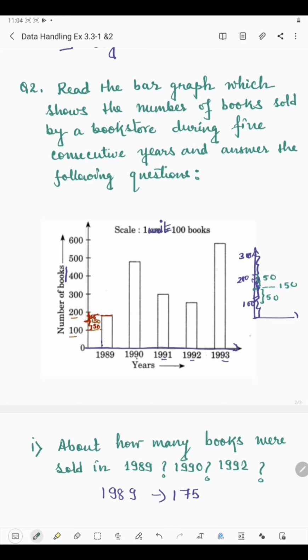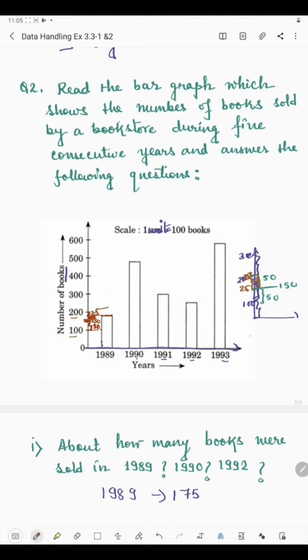But if I have to find the midpoint between 150 and 200, then what would it be? It would be between here. The total is 50 and half of 50 is 25. That means this is 25 and this is 25, right? So here it will be 175.